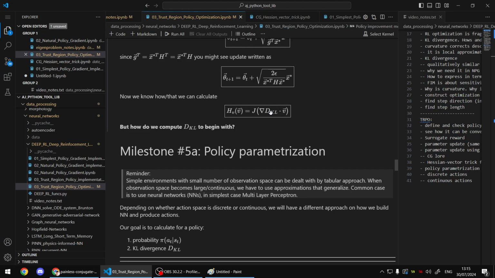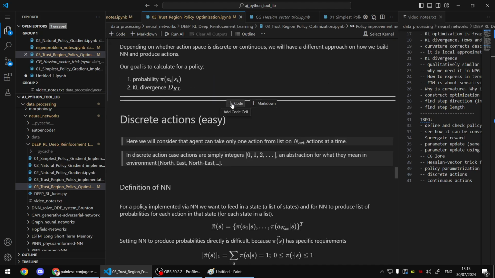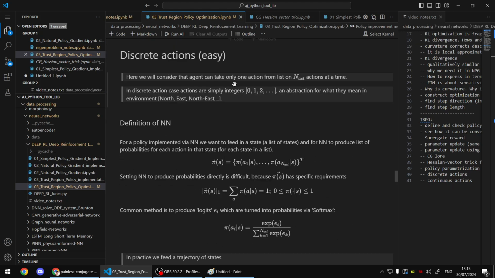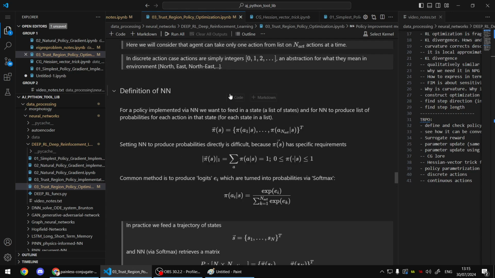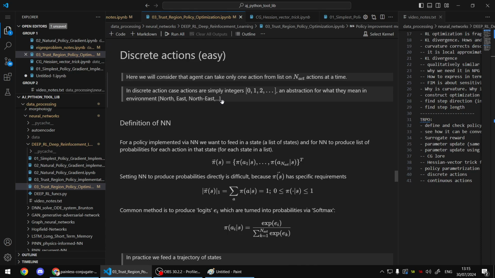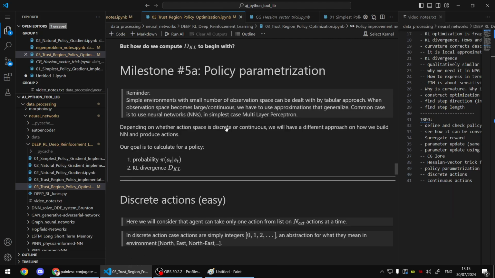Depends on your application, but I think, again, discrete actions are so boring. I don't even think I have to go through it. Maybe the main idea is that, depending on whether your policy has continuous or discrete actions, it will govern what kind of neural network you make, basically the architecture.